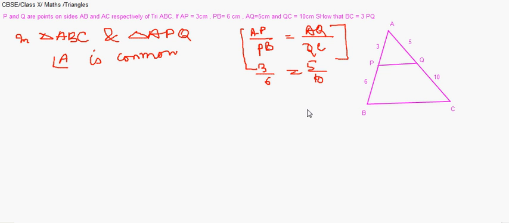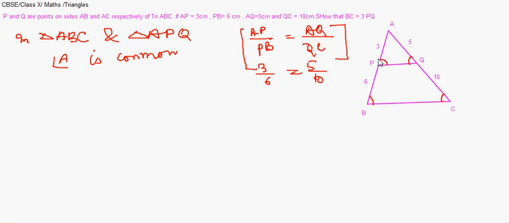If this is proportional, that means by the converse of the proportionality theorem, PQ is parallel to BC.